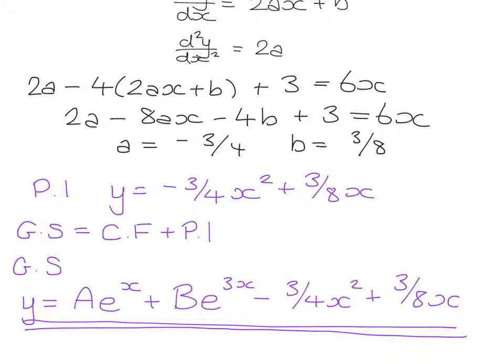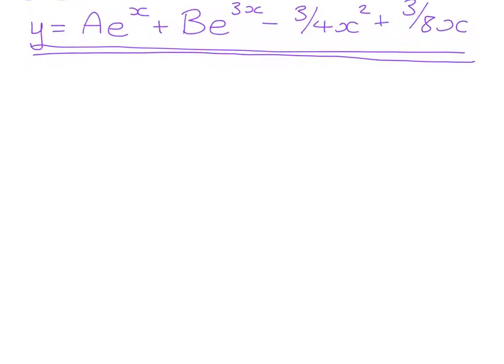Again, this is a general solution. We could find a particular solution by subbing in initial values to get what a and b are.